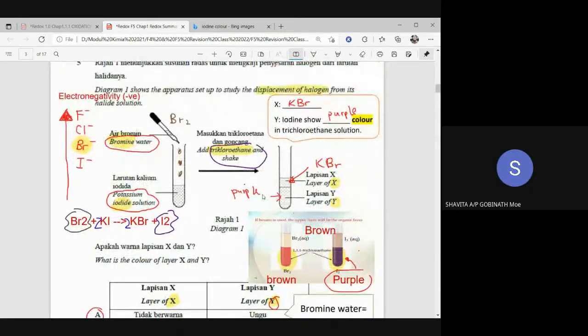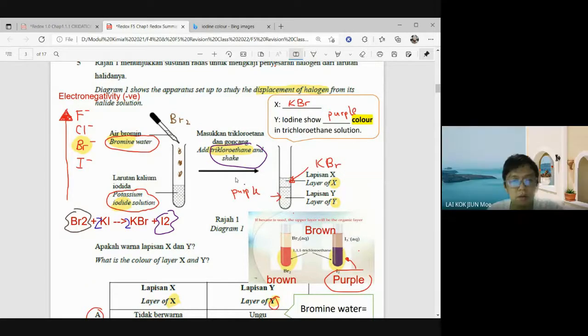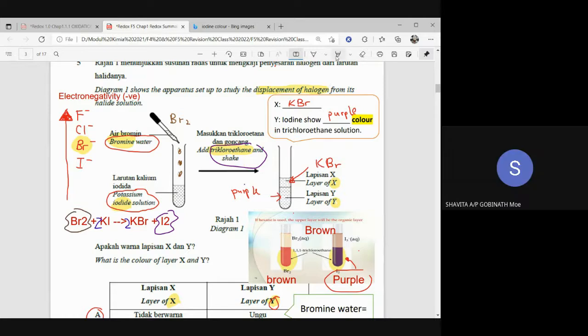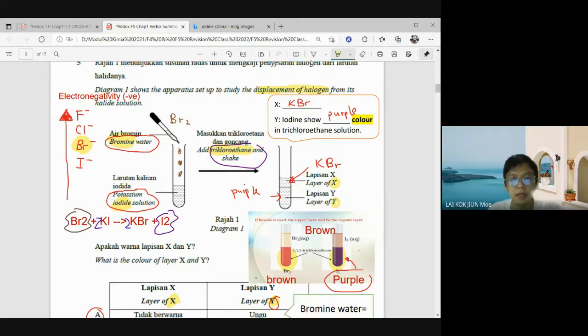Normally the product will be at the top. The 1,1,1-trichloroethane you add in, that solution you add in will actually be the bottom part here.